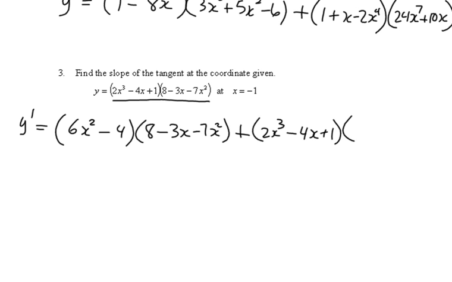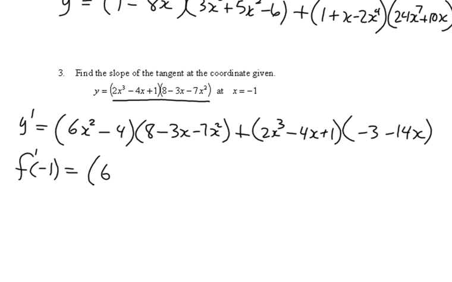And quickly do the derivative of the last one, -3 minus 14x. So there it is, sitting pretty, waiting for your substitution. Just like always, we take the derivative, and if we want the slope of the tangent, we substitute in x equals -1. So if we write f prime of x here, we're going to put -1 in here.